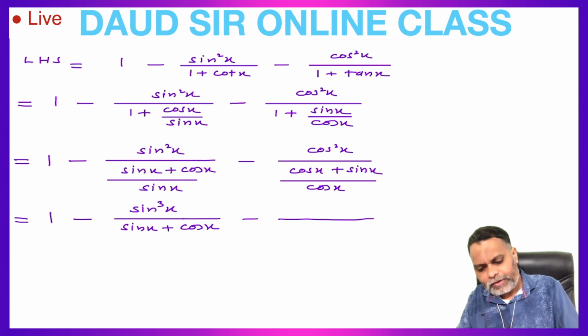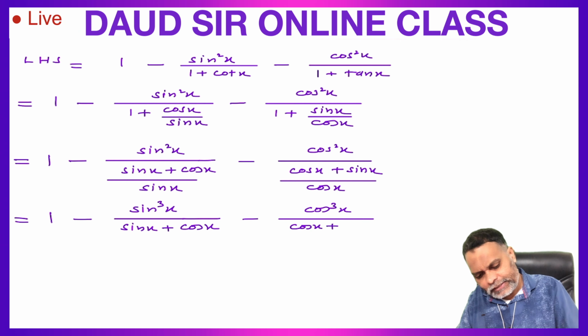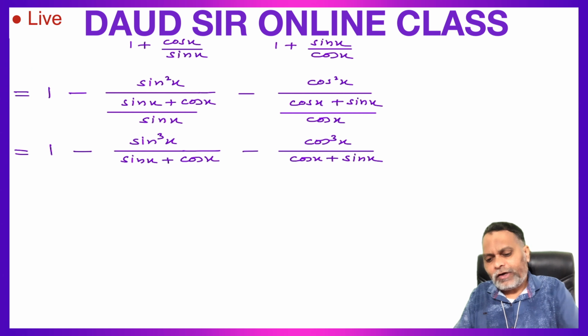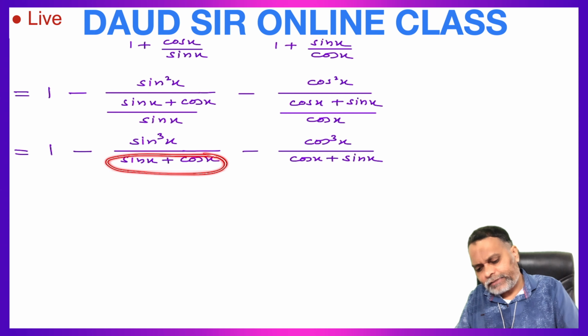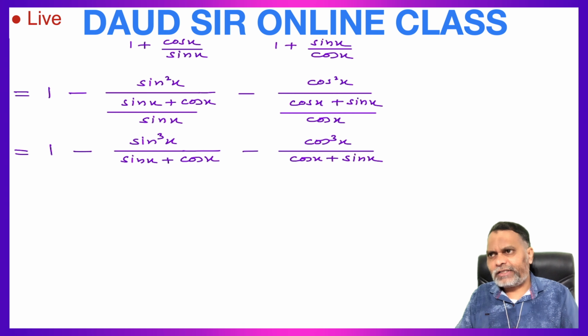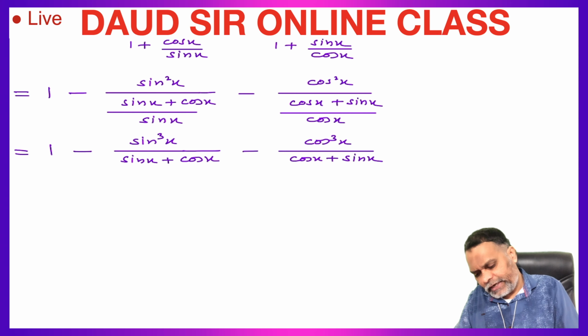minus this cos square x into cos x, cos cube x, upon cos x plus sin x. So here in the denominator we have sin x plus cos x and sin x plus cos x, so we can take the LCM, or take it out common.